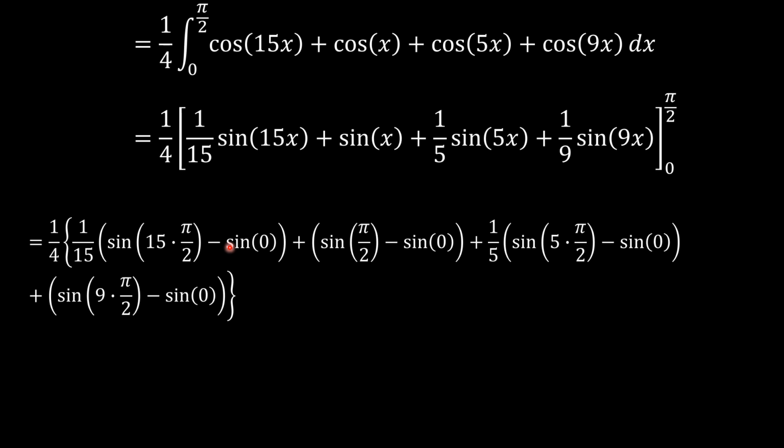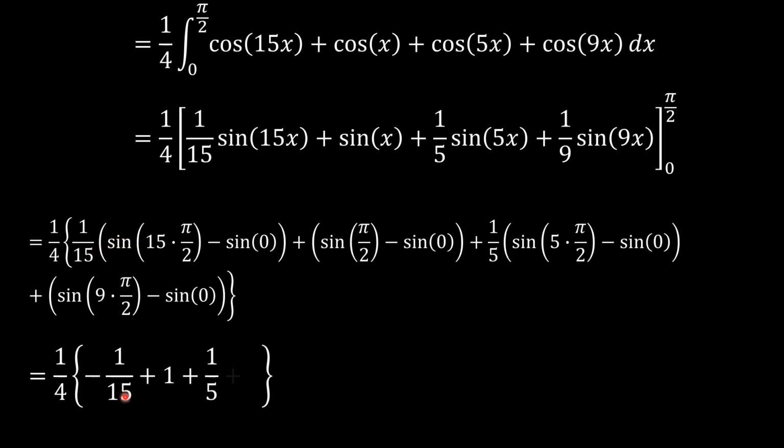And that is in the quadrant where the sign is negative. It's on the lower side. But the rest, sine pi over 2 is 1. Sine 5 pi over 2 is the same as sine 4 pi over 2 plus pi over 2. So this is 1. And sine 9 pi over 2 is the same as sine 8 pi over 2 plus pi over 2. So these other ones are 1. This one here is just going to be -1.